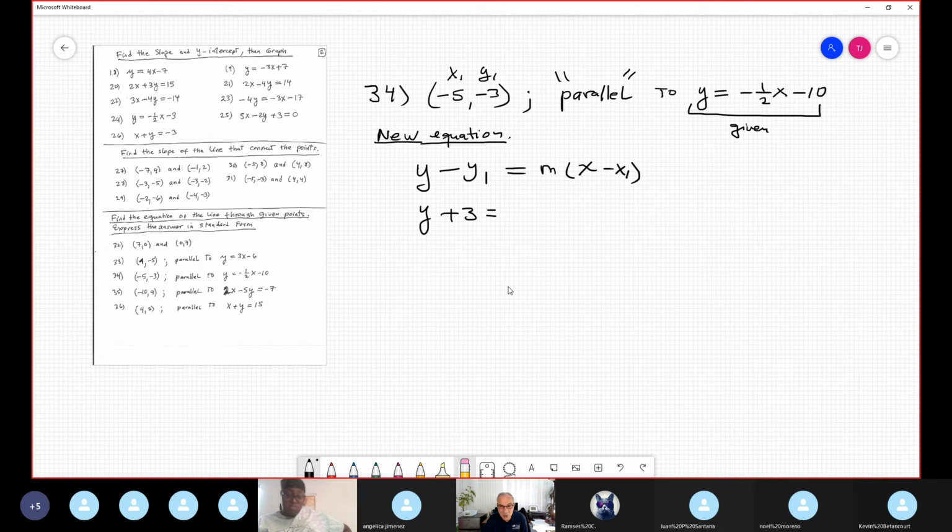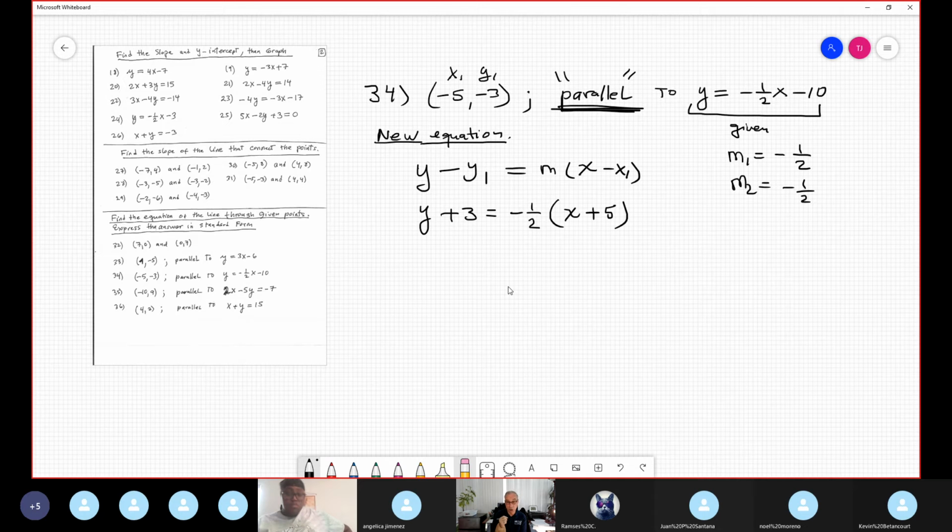And what about the slope? Well, the slope of the given line is -1/2. The slope of the new line is the same because the keyword is parallel, the same slope. I put -1/2 parentheses x minus x1, which is -5, double negative again becomes positive. Boom. Okay.